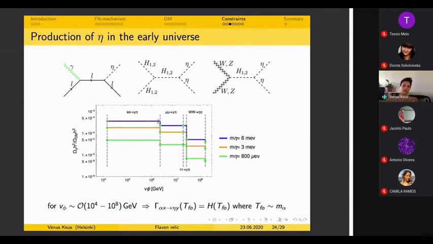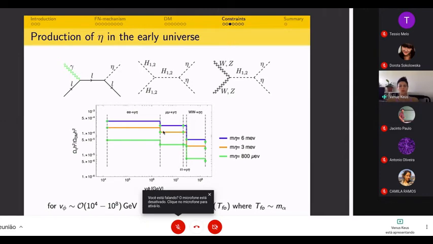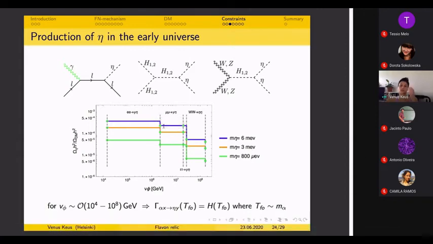And if you have a different VIV, again, it is because of the freeze-out assumption that the production comes out as this step-like function. Obviously, if one wants to do a proper numerical check, then one would have to numerically solve the Boltzmann equation to see what exactly is happening at the point where we approximate.